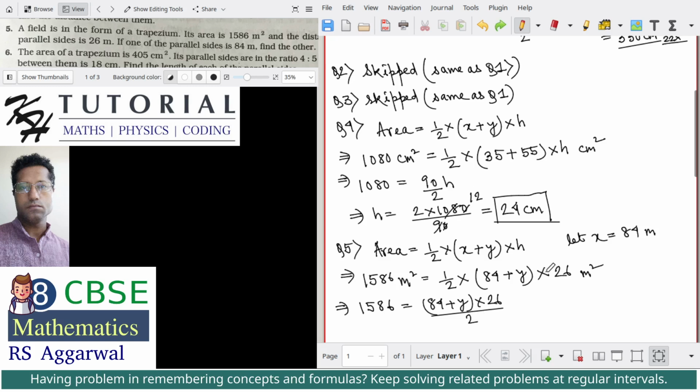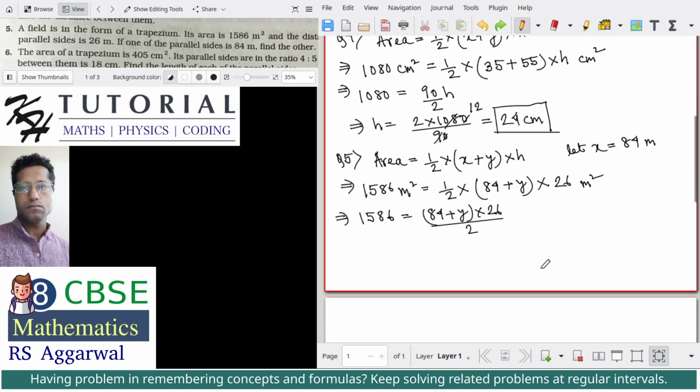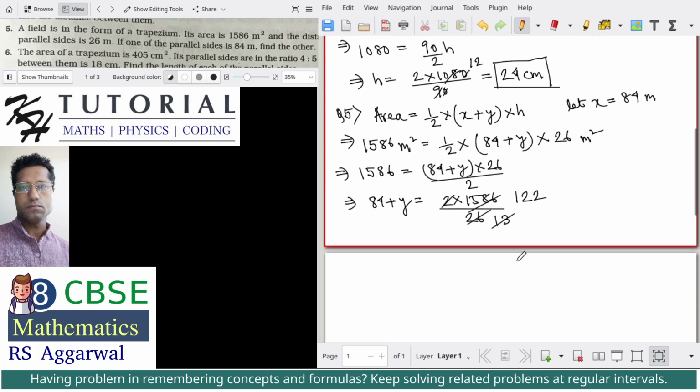So we see this is a linear equation in y, and we can easily solve for y. So this will imply 84 plus y will be equal to 2 multiplied by 1586 divided by 26. 2 divides 26 with 13, and 13 divides 1586 with 122. So 84 plus y is 122.